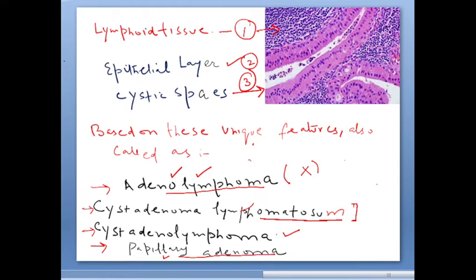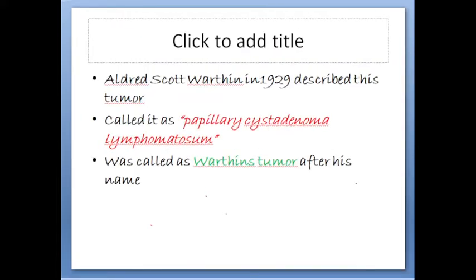None of these names were found to be satisfactory, so Warthin in 1929 described this tumor in more detail and he called it papillary cystadenoma lymphomatosum.